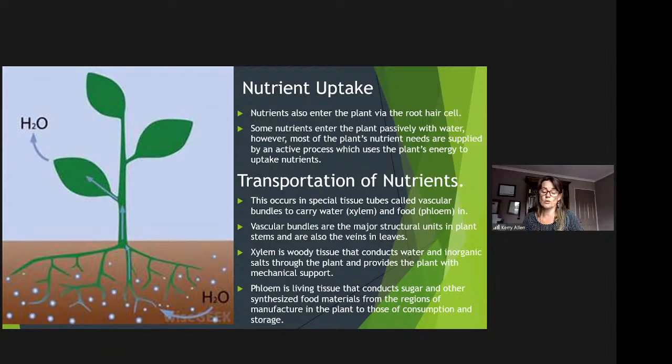Plants require nutrients and they need some of that out of the soil. That's taken up through the plant and then taken to the rest of the cells. So osmosis and nutrient uptake go hand in hand here. If this doesn't occur, then you're not going to get that transport of nutrients. Okay, you can read the rest of that yourself.